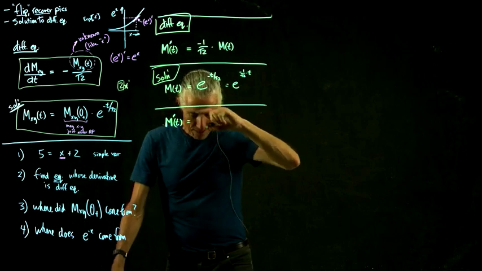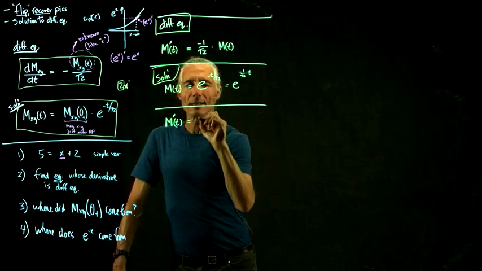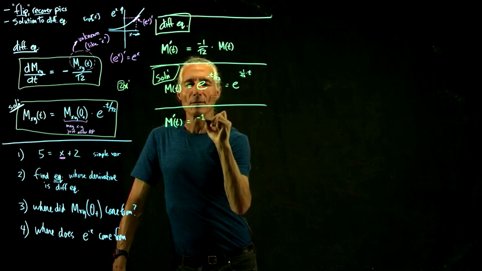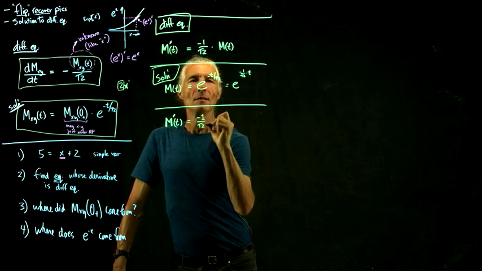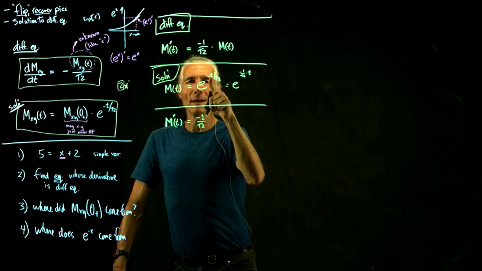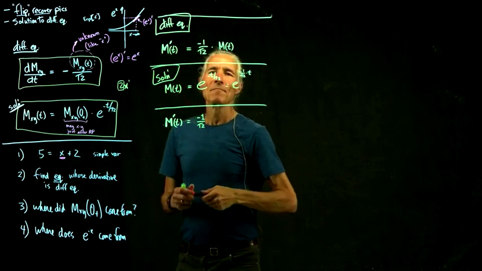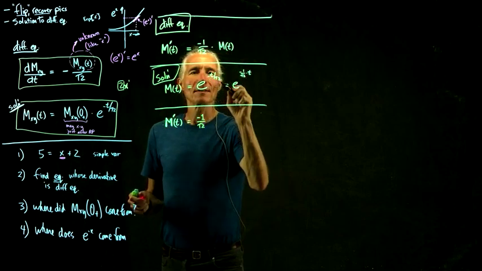And so the answer is we take a derivative of the exponent, and that's just going to be minus 1 over t2, because the t will have gone from the power 1 to the power 0, and it will turn into a 1, and so we just end up with minus 1 over t2. So that's the derivative of this guy.